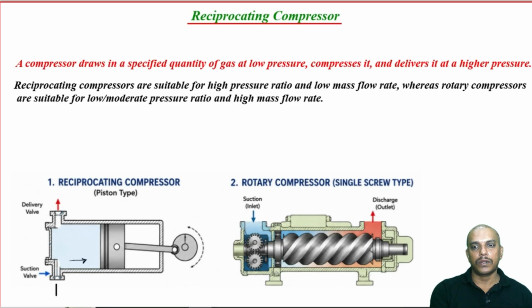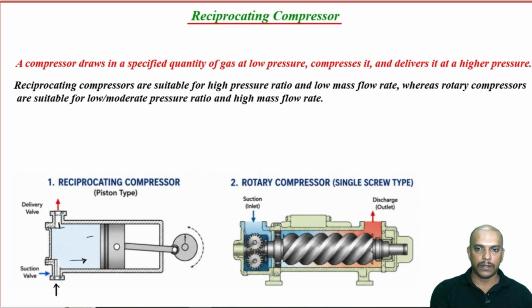During which there is a pressure drop. Because of the pressure drop, the suction valve will be open during this stroke, whereas the exhaust or the outlet valve will be closed. Because of the pressure drop here, the air comes in and this will execute the suction.